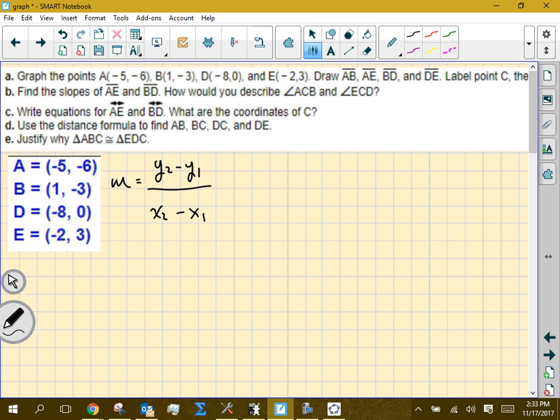Okay. I think it's also beneficial to be able to recognize formulas in different formats. You might be presented with that. Okay. That means the exact same thing. Change in y, or difference in y, divided by difference or change in x. Okay.